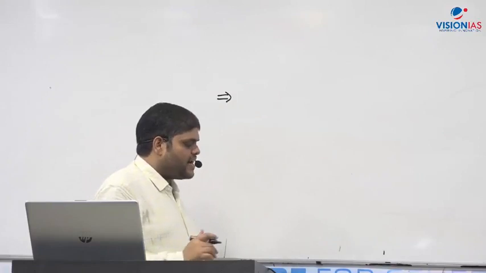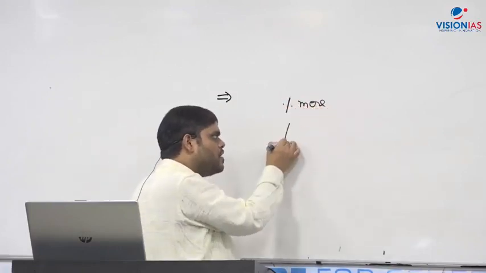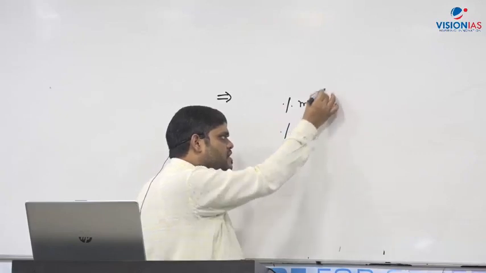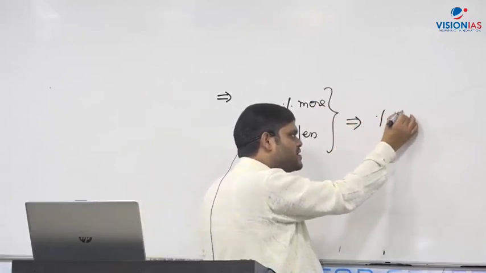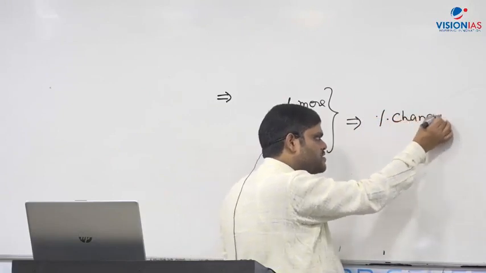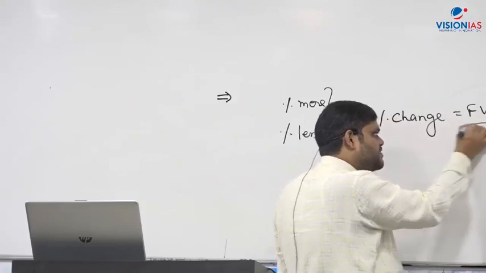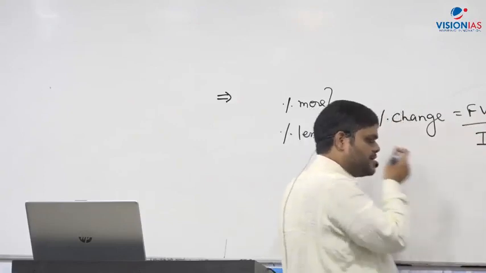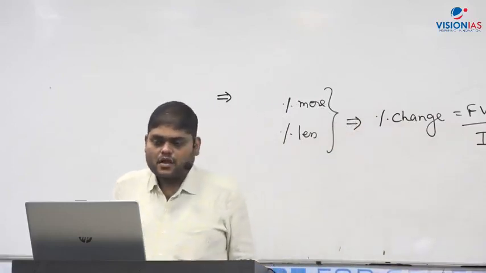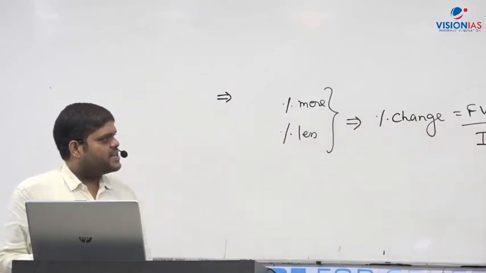Now till now we have done percent of more, percent of less. Whenever these things come, that means percent of change, that is final value minus initial value upon initial value into 100. Final minus initial upon initial into 100.